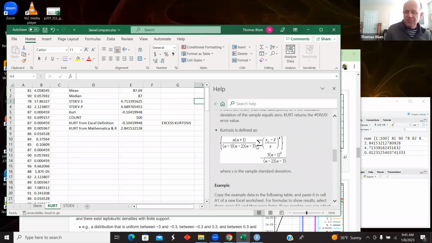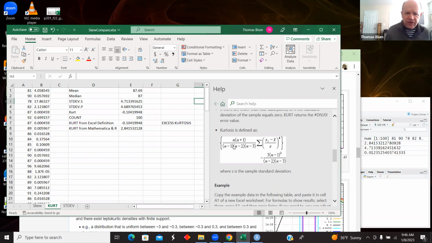They're saying this is a fourth moment, and you really need to have at least 4 points for it to make sense. So they devised a definition that diverges, that says we have no knowledge of the kurtosis if we have fewer than 4 points.